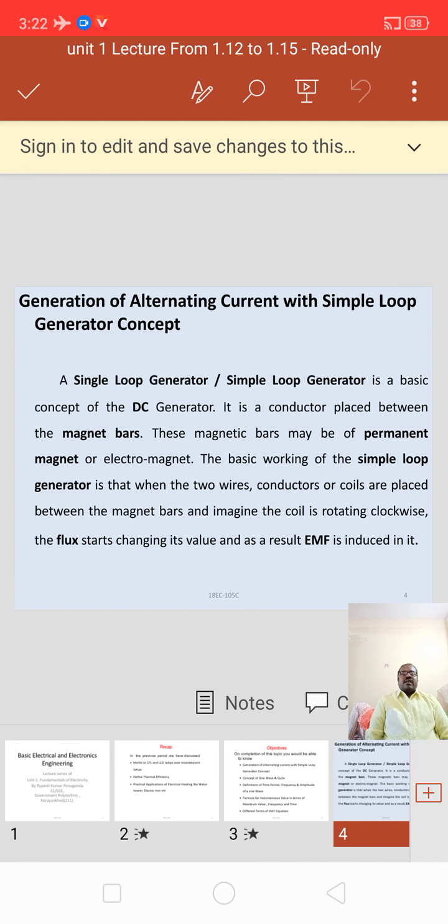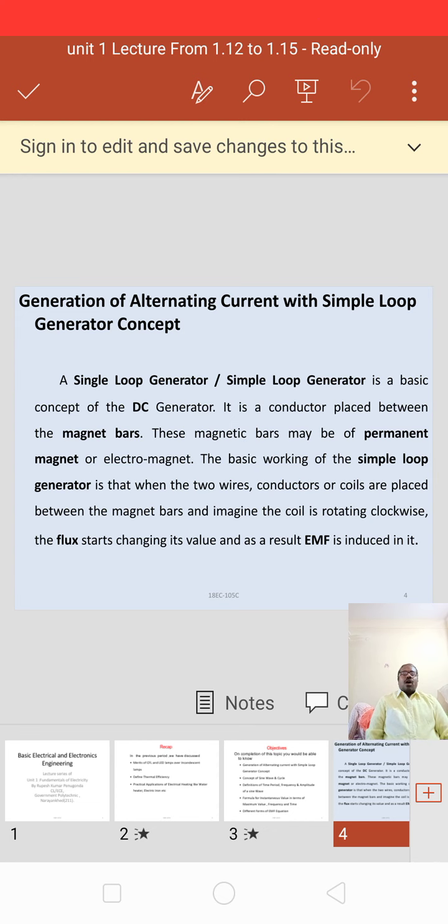The basic working of the simple loop generator is that when the two wires or conductors or coils are placed between the magnetic bars, and imagine the coil is rotated clockwise, it produces flux which starts from a value and results in an EMF which is induced in it.